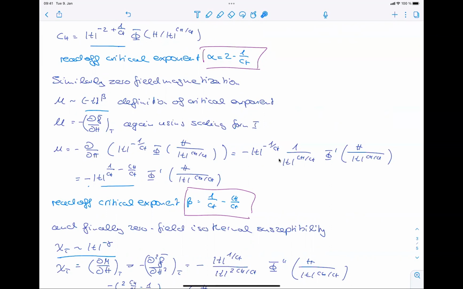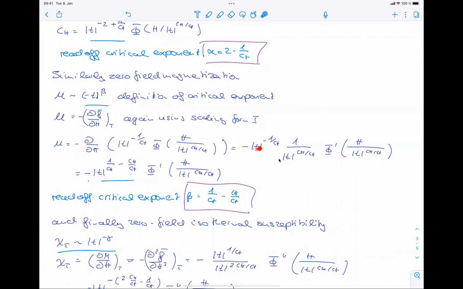For this to be consistent for any general choice of beta, CT, and CH, right? There's the minus sign, but it's outside the zero field magnetization.